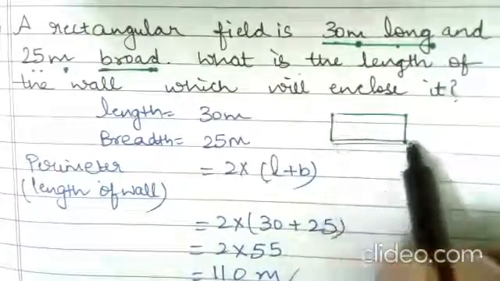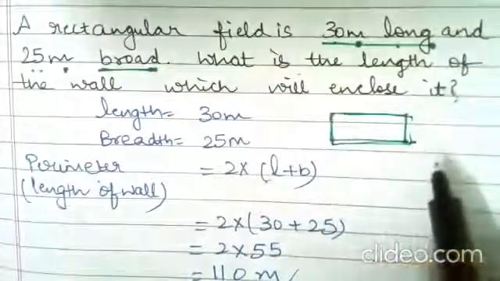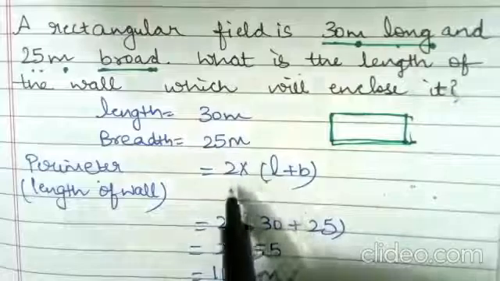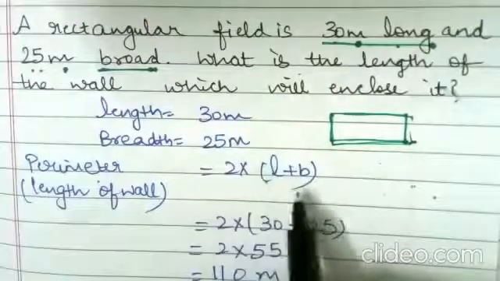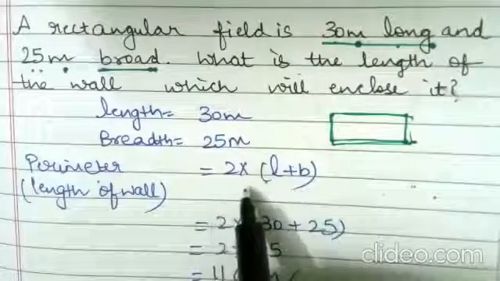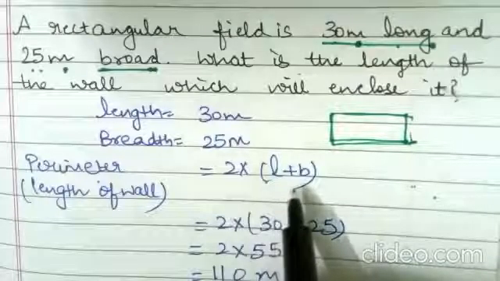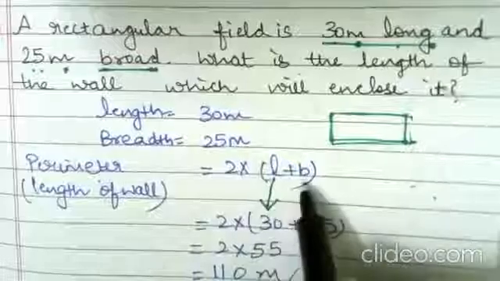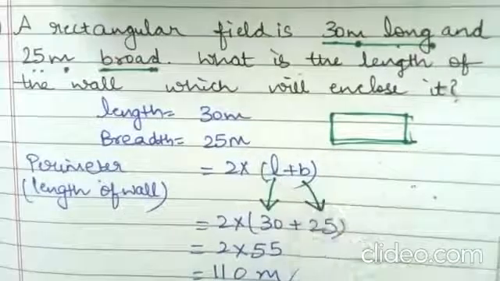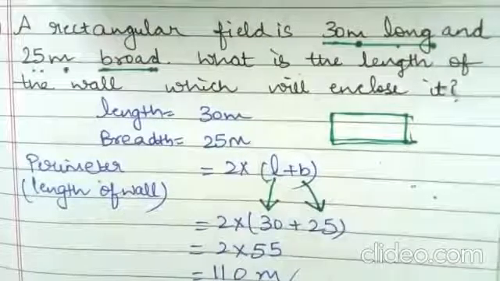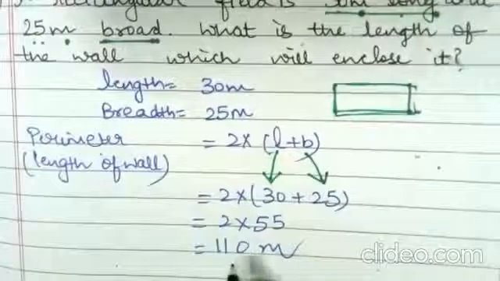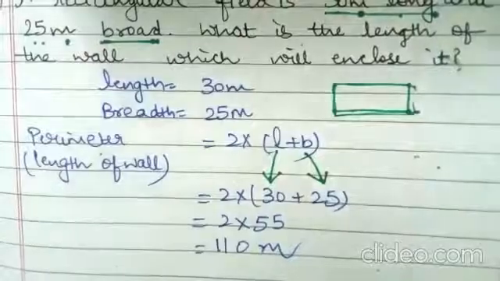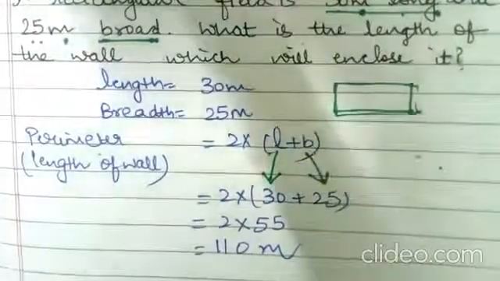So we will find its perimeter. And the formula for the perimeter is 2 multiply length plus breadth. Now we put the values for length and breadth, and on simplification the perimeter we got is 110 meter. Clear?